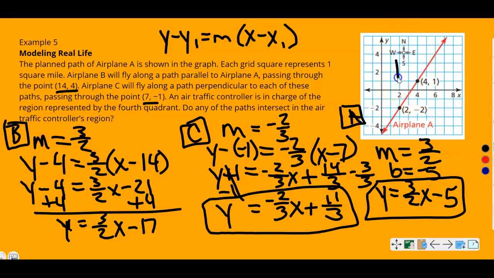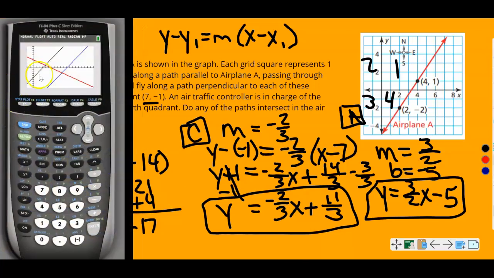So this is quadrant 1, quadrant 2, quadrant 3, quadrant 4. Quadrant 4 is this bottom region right here.